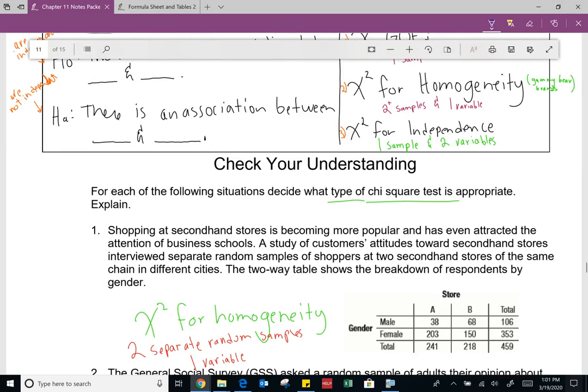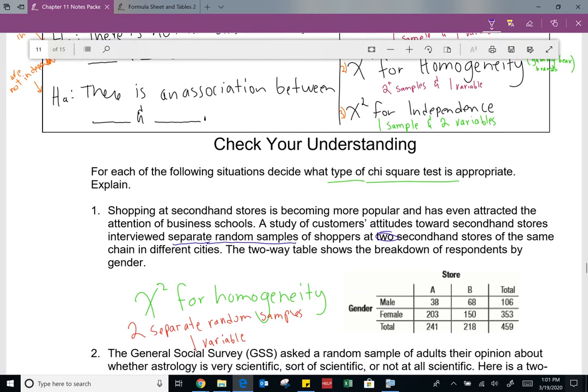Okay, so our first check your understanding question: shopping at secondhand stores is becoming more popular and has even attracted the attention of business schools. A study of customers' attitudes toward the secondhand stores interviewed separate random samples of shoppers at 2 secondhand stores of the same chain in different cities. The two-way table shows the breakdown of responses by gender.